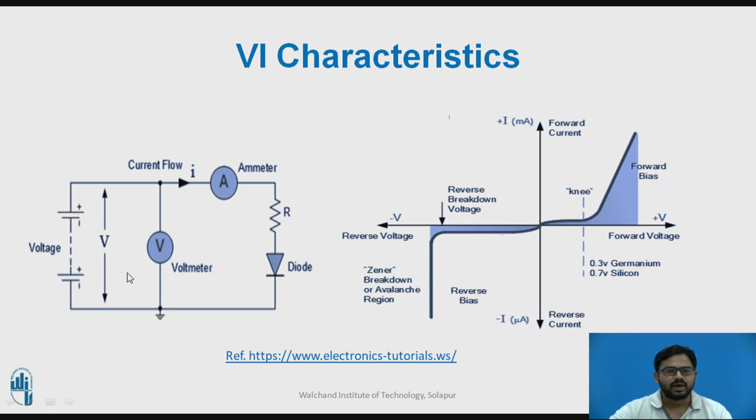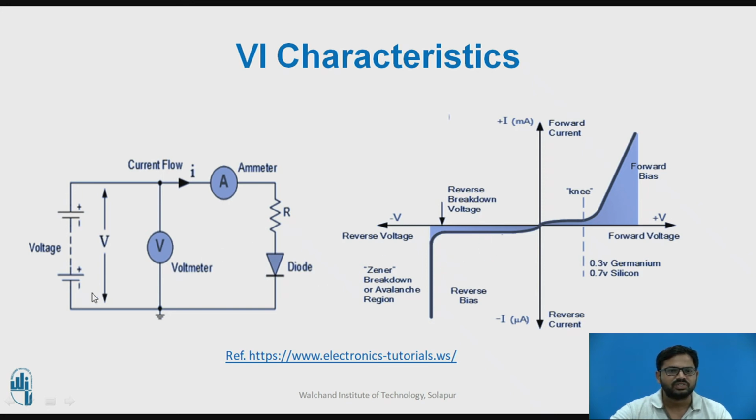And in the reverse bias, you can connect the battery in the opposite polarity, or you can reverse the polarity of the diode here. Once you reverse the battery polarity, the diode gets reverse biased, and in the reverse bias a very small amount of current, in the range of microamperes, flows through the diode. This current is called the reverse saturation current.